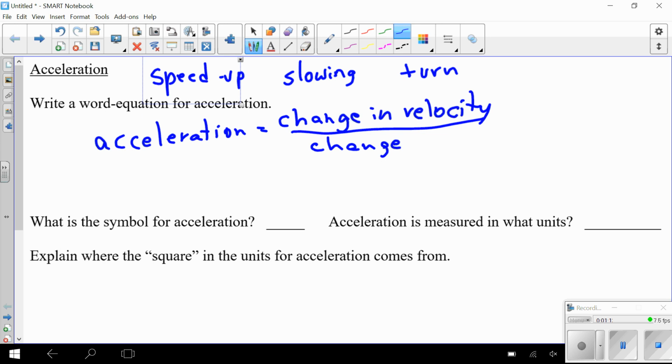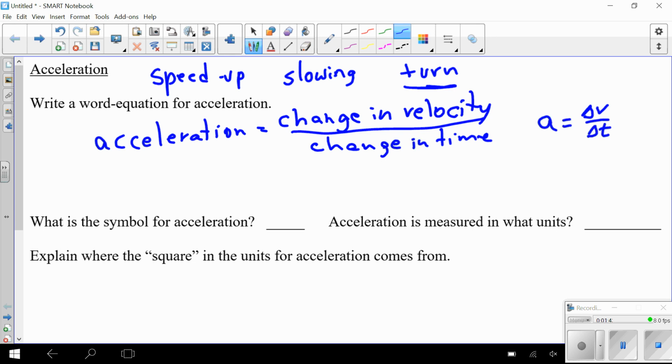If we change our speed by speeding up or slowing down, we change our velocity. But we can keep the same speed, and if we change direction, since velocity is a vector, it has magnitude and direction, we also change the acceleration. In symbol form, that would be a equals delta v over delta t.